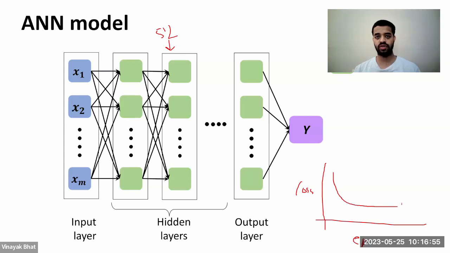Let's say this is your training loss, and you have your validation loss. If you see that the difference between the validation loss and the training loss is large, that means your model is overfitting to the data.